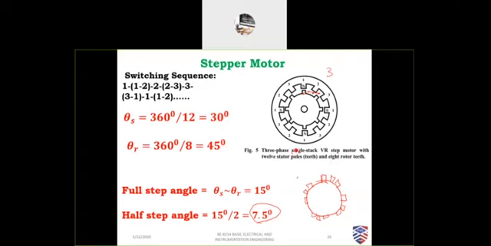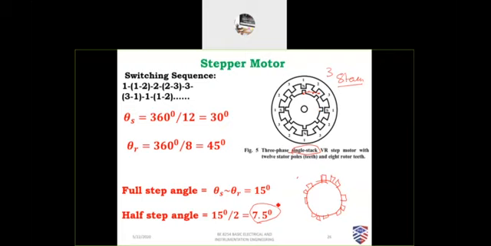With 3 stacks the rotor becomes 24. If there are 3 stacks in the stator, it becomes 3 into 12, 36. With 3 stacks on the rotor, it becomes 3 into 6, 18.